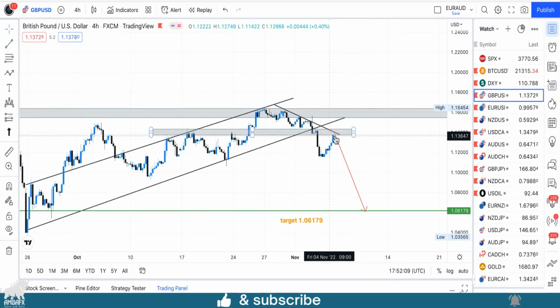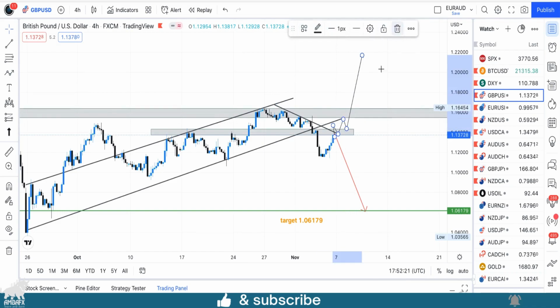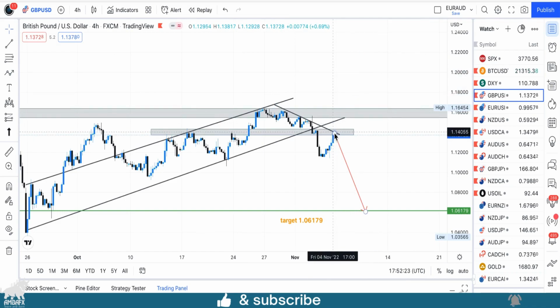If you have a break of this level to the upside, then we should be heading to the upside. So if you have a break of this trend line to the upside, then we should be looking to buy GBP USD.